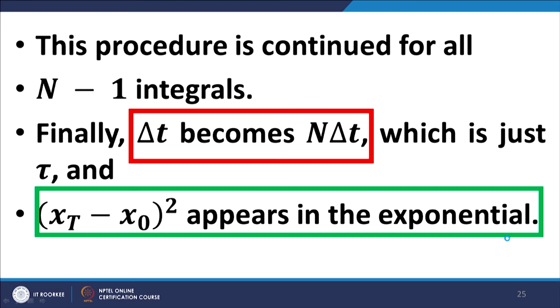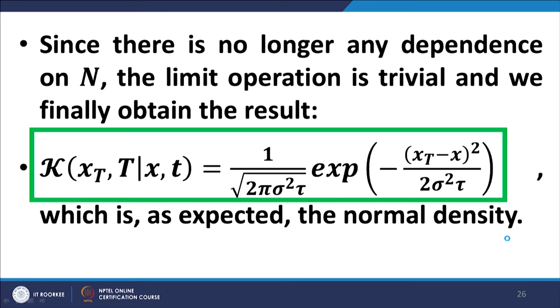So, n delta t is nothing but tau, and the squared expression that we will end up with is x capital T minus x0 whole square, which will appear in the exponential. So, there is no dependence on n left after all the n minus 1 integrals are done. So, the limit n tending to infinity can be taken straight away, it is trivial, and the expression that we end up with is the expression that is given in the green box.